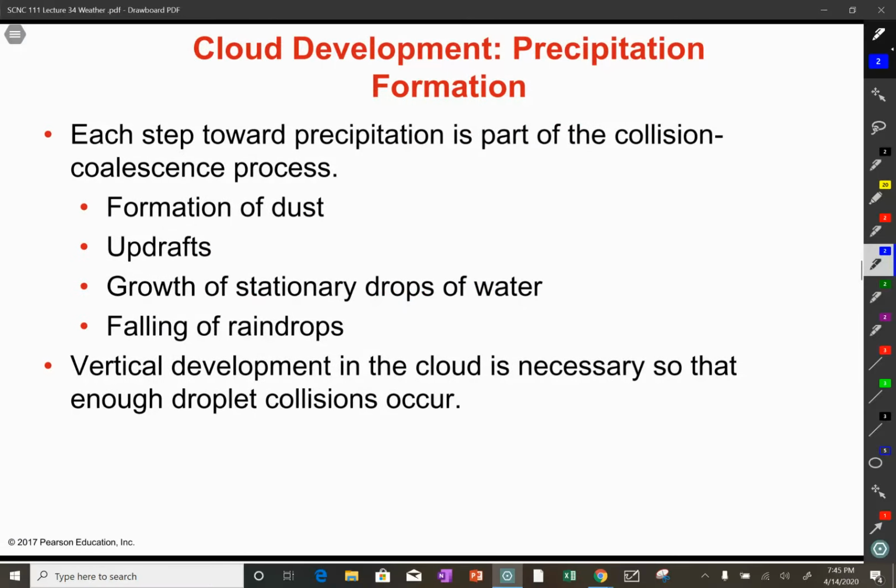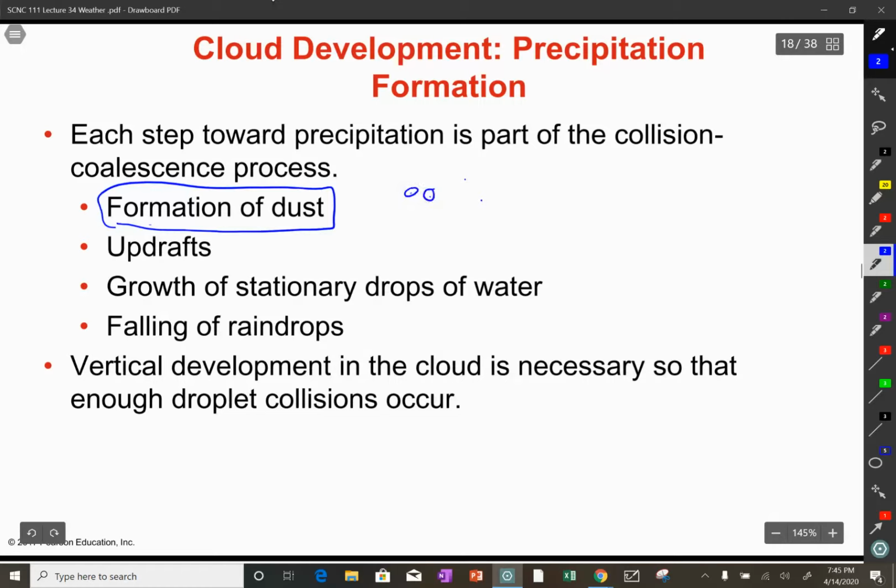Now, precipitation formation. Precipitation, just like in chemistry, when we look for precipitate in our mixtures, precipitation is when we have moisture falling out of the cloud. Now, formation involves dust. You have in the cloud water, and then you have little dust particles. And those dust particles form nucleation centers that water will stick to.